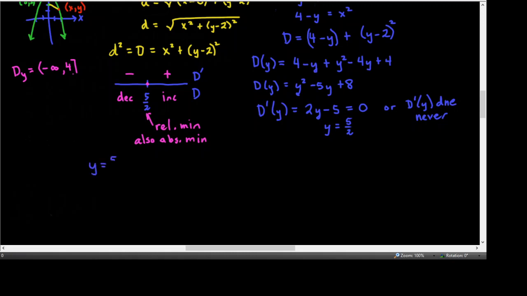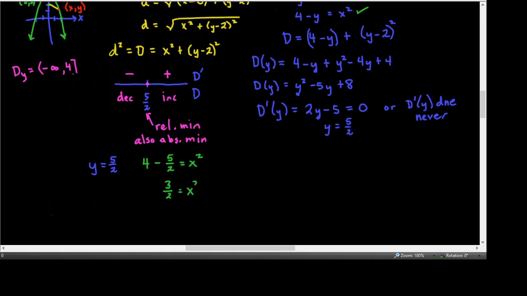And now we need to find, well, what's x? Well, our equation to find x, we can use one of several, but I'm going to highlight one that has x almost by itself, this one right here. That means that 4 minus 5 halves would be x squared. Let's see, 4 minus 5 halves is 3 halves.